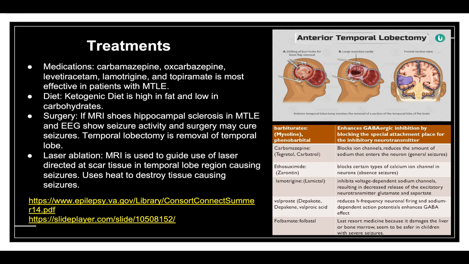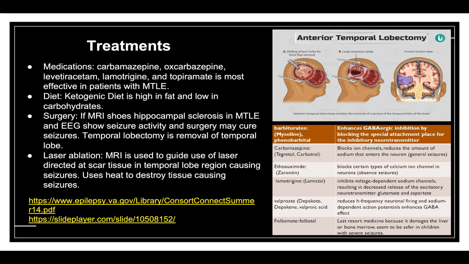And then there's valproate, which reduces high frequency neuronal firing and sodium dependent action potential, and enhances GABA effect. Felbamate is a last resort medicine because it damages the liver or bone marrow, and it seems to be safer in children with severe seizures. So felbamate is the last stage medicine prescribed.